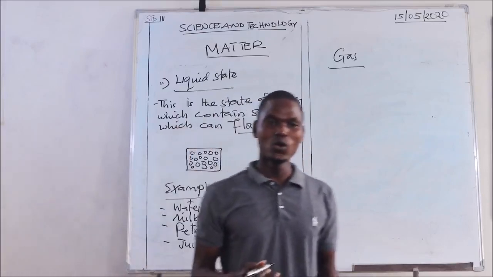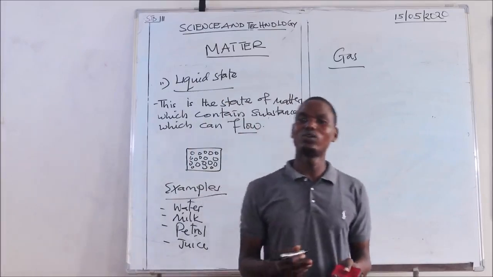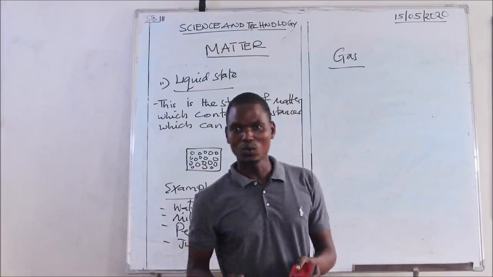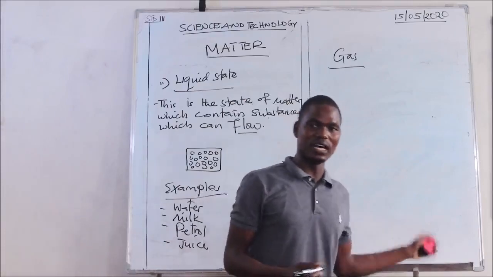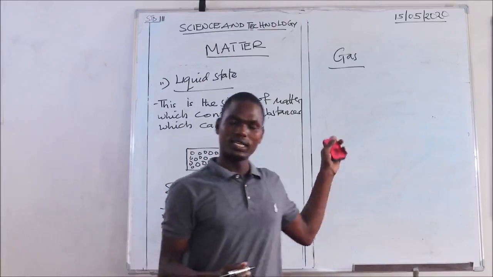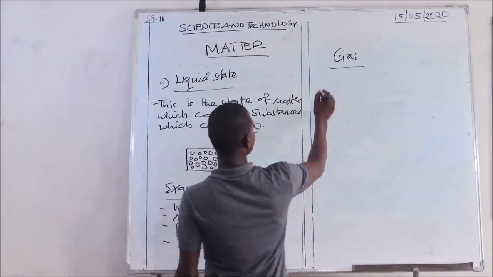It is like someone who is here where I am and the other person is around 1 kilometer from me. We won't see one another. We are very far apart. That is the behavior of gaseous state. So let's describe it.